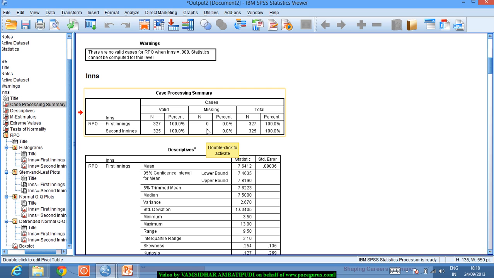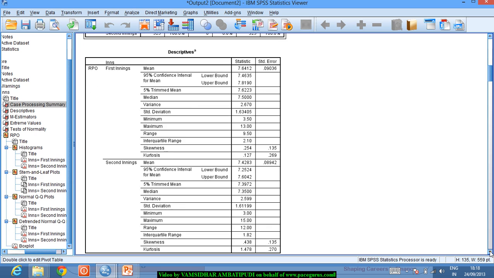The RPO is not missing in any of the cases. So overall there are around 652 records, out of which we have the data relating to 327 for the first innings and 325 for the second innings.